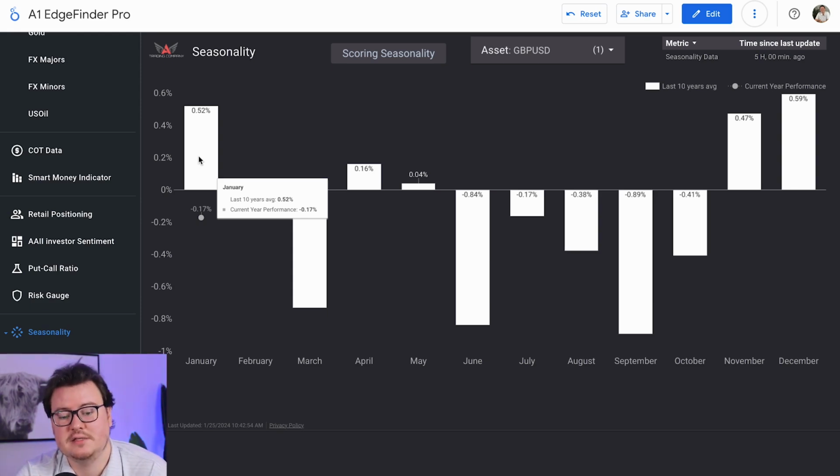But over the last 10 years historically, it does trade up 0.52%. Again, that's taking day 1 of January to day 31 of January, the 31st, over the last 10 years. So 2013 to the present day, what did it do? What percentage up from day 1 to where it ended? What did it do in the month of January? And again, historically over 10 years, tends to trade higher.